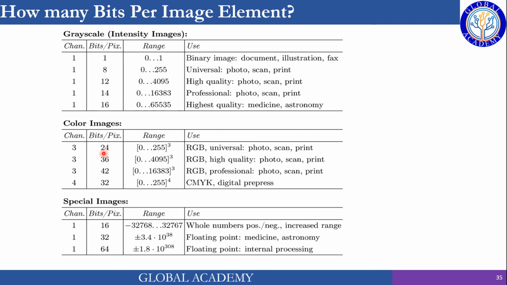So a total of 24 bits per pixel, and it's a universal and the most common standard for saving images. And similarly there could be 36 or 42 bits, or 4 channels with 32 bits per pixel, CMYK. And similarly there are some special images with floating point numbers or negative values. They have applications in medicine, astronomy, or internal processing.